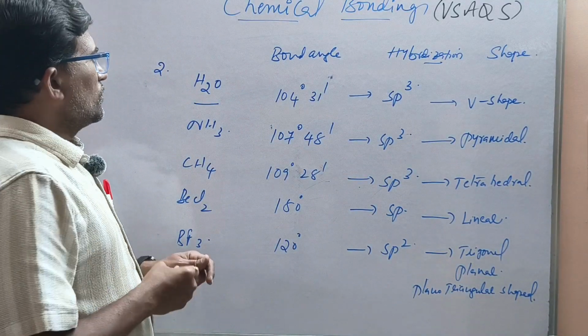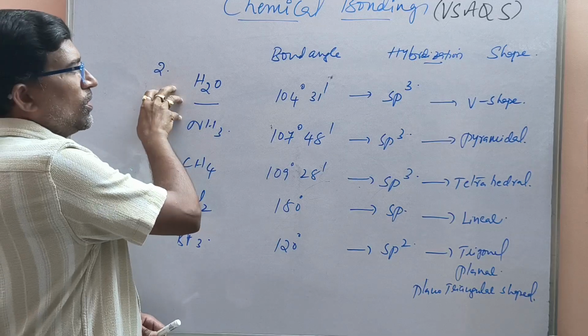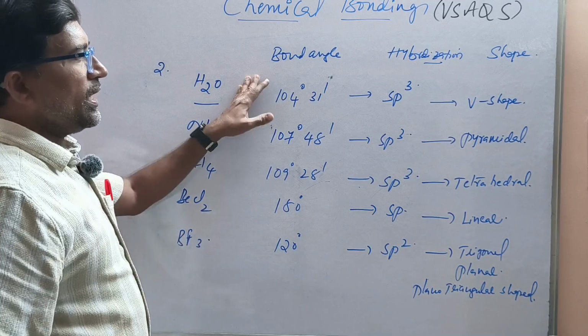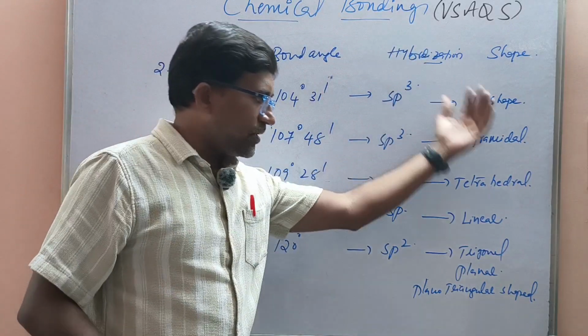So this is about the water molecule, ammonia, methane, beryllium chloride, BF3, their bond angles, types of hybridization and even the shapes.